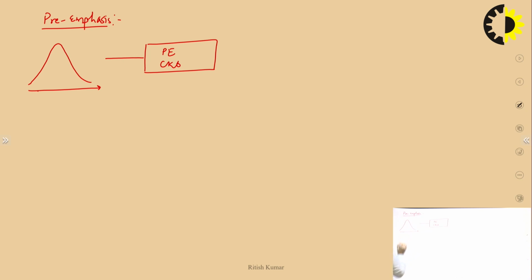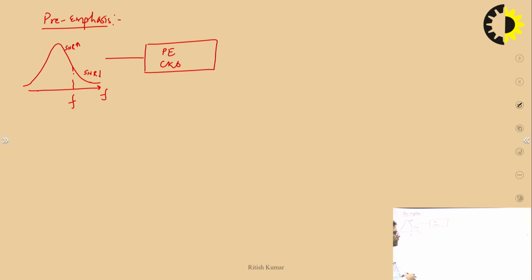As we know, at a certain frequency f, up to this point there is no problem, because below f the SNR is high, above f the SNR is low. So we need to increase the signal strength.